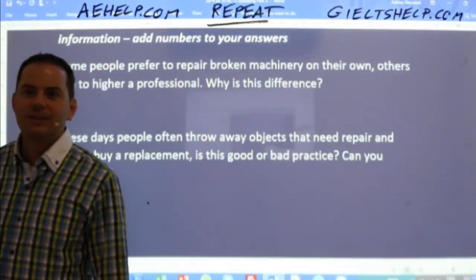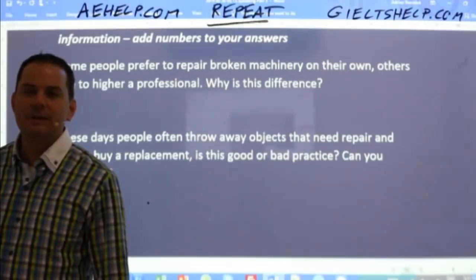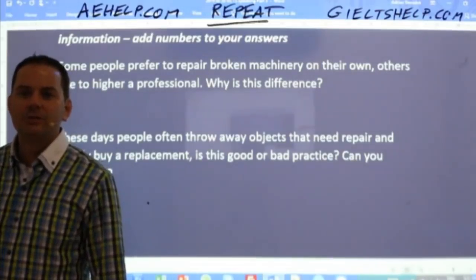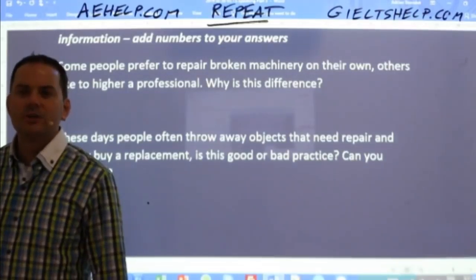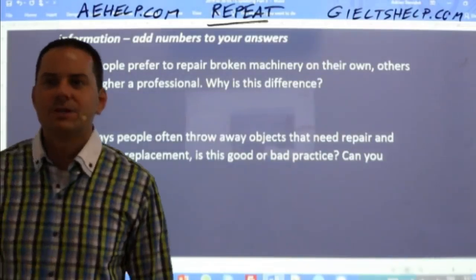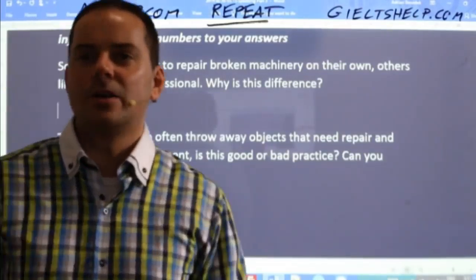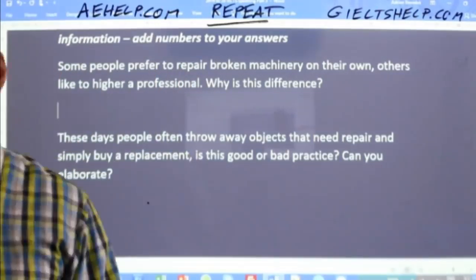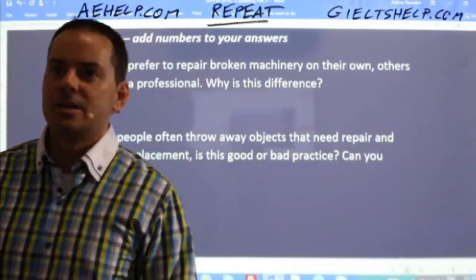Andrew says the difference occurs because of some people's necessity. Okay, let me try to fix that, Andrew Gluhich. So the difference occurs because of some people's skills and experience repairing on their own, while others lack such knowledge.